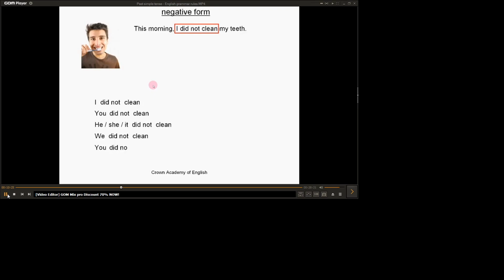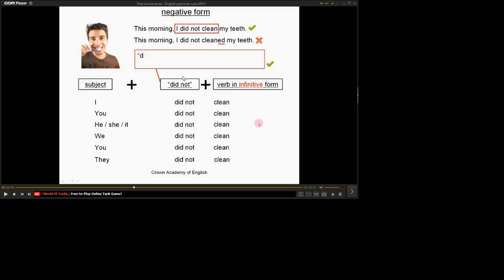Ini adalah contoh kalimat negatif. Kalimat negatif ini biasanya dan harusnya diikuti atau ditandai dengan did not. Setelah ada did not, verbnya jangan ikut-ikutan verb kedua. Kenapa, Pak? Karena di sini sudah ada did yang harusnya do. Jadi di sini bentuk pertama.